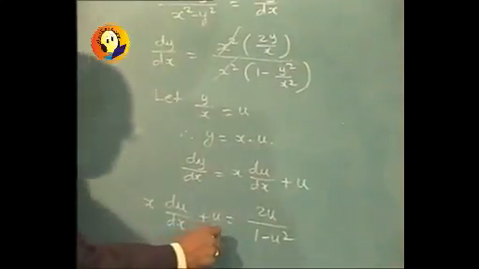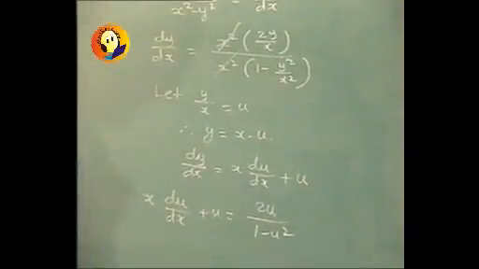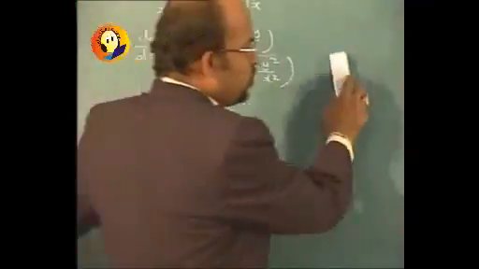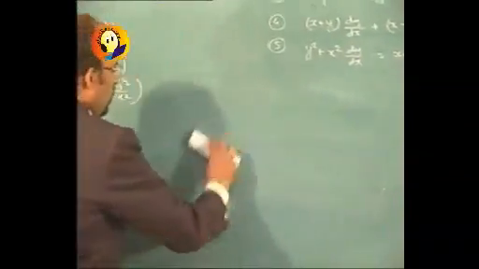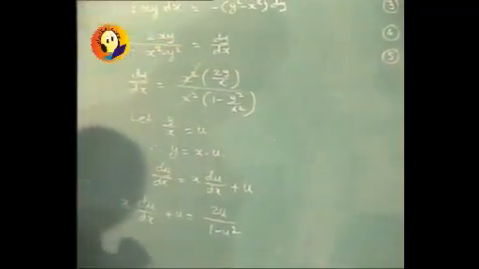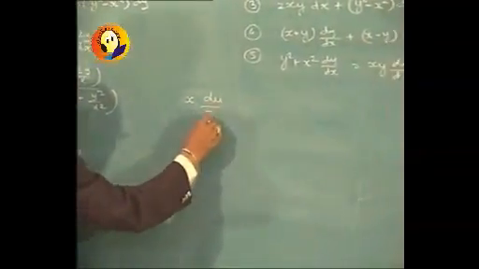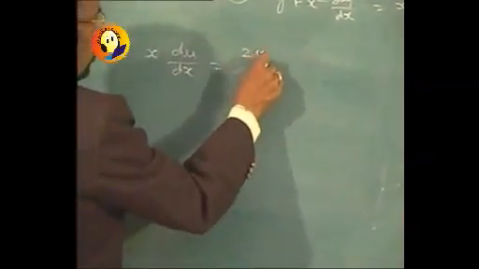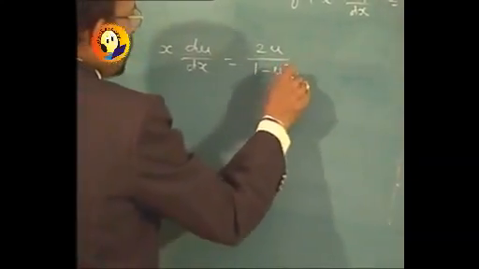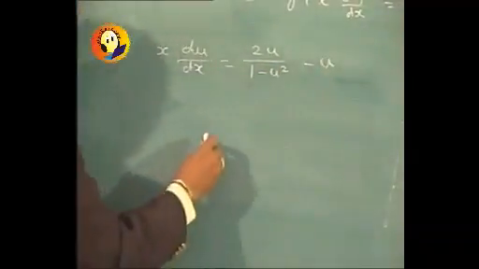u on the left hand side should be transferred to the right hand side, and so we get it as x du by dx equal to 2u upon 1 minus u square minus u.